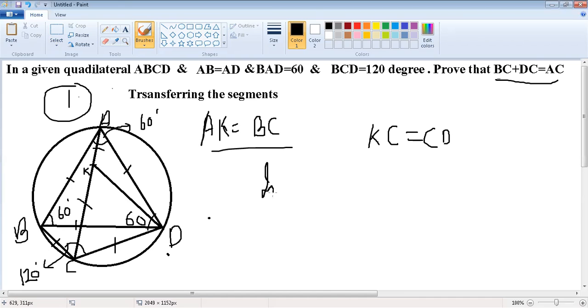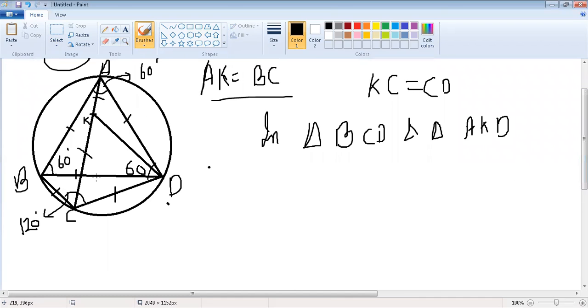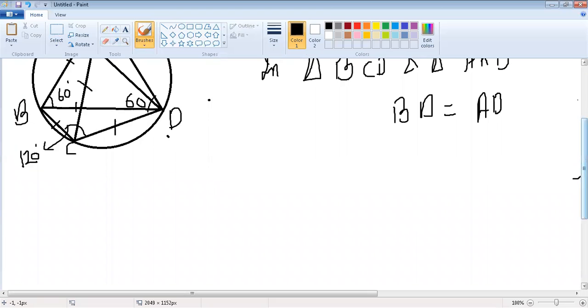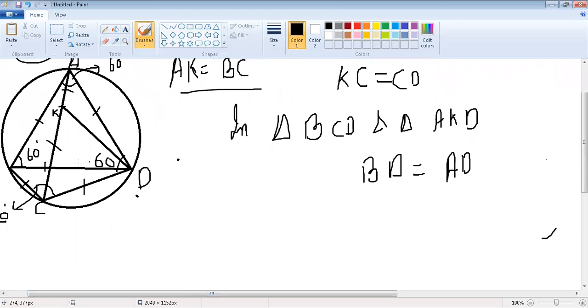So in triangle BCD and triangle AKD, BD equals AD, as they are sides of equilateral triangle, and BC equals AK.